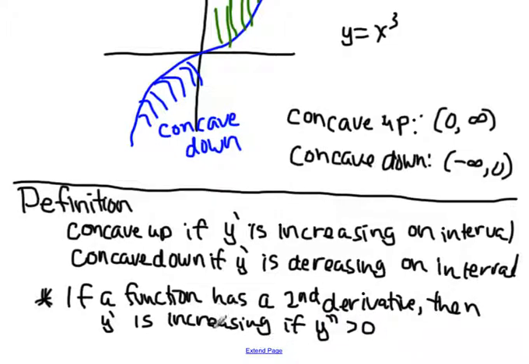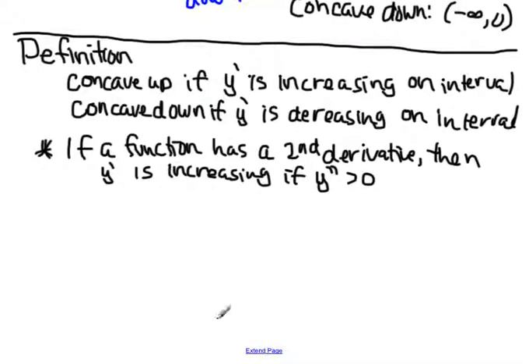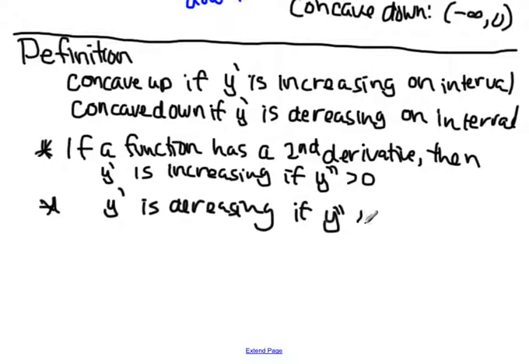So that's where it's going to be functioning if the second derivative is positive. And then we can also say that y prime is decreasing if the second derivative is less than 0.